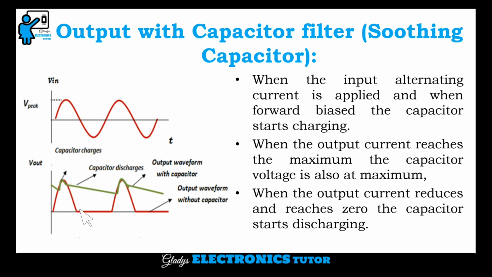So when the output current reduces and reaches zero, the capacitor starts discharging. So when it is peak, it starts charging, and when the output current is zero, it starts discharging. So we get a smooth DC output.